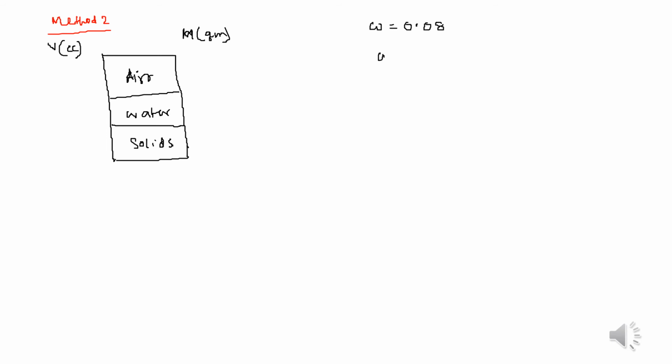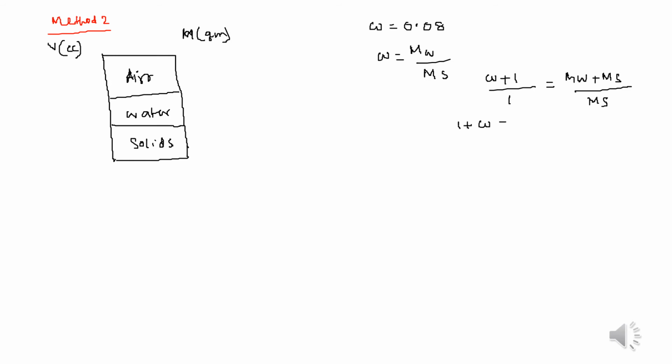So we are given that the water content of the sample is 8%, that is 0.08. Water content, we can recall the definition, is the mass of water by the mass of the solids. So we can make some mathematical changes to bring the total mass of the sample here, by simply adding 1 to the numerator, and similarly on the right hand side we get mass of water by mass of the solids.